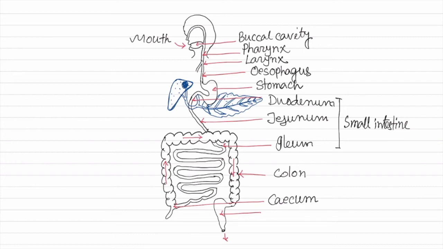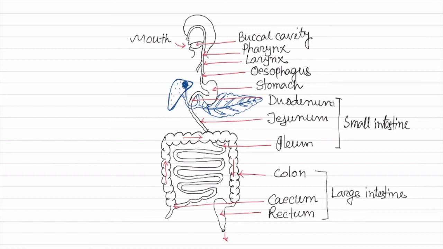The sac-like part of the large intestine is the rectum. These are the three major parts of the large intestine: colon, caecum, and rectum.